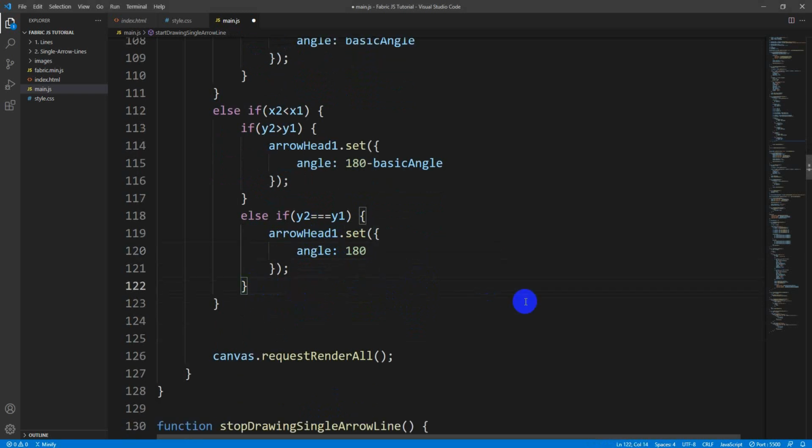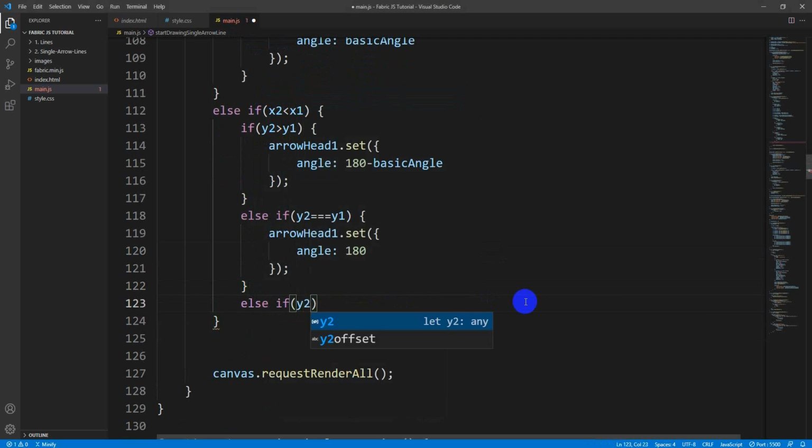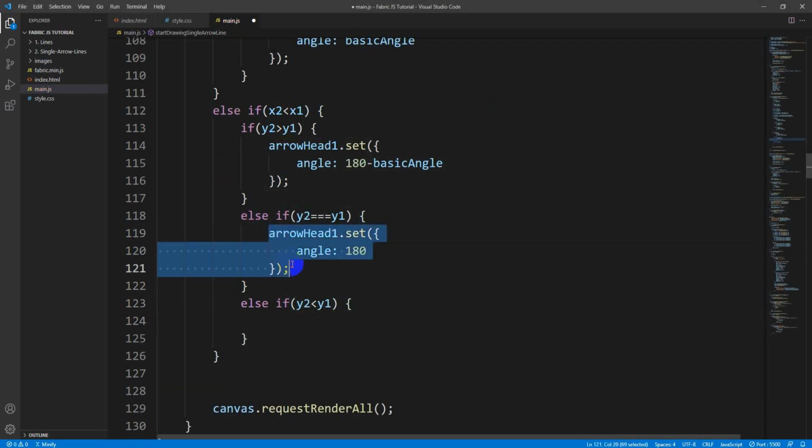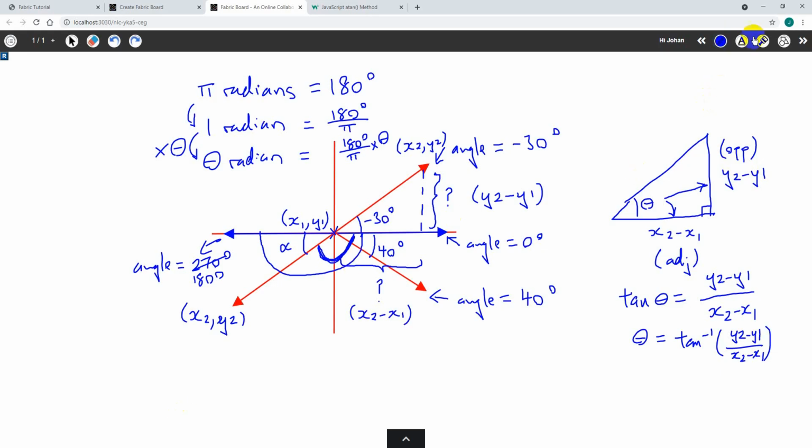And we have another condition, else if y2 is less than y1. Let's go back here. I can have an arrow that is pointing in the second quadrant over here. The basic angle is this part.